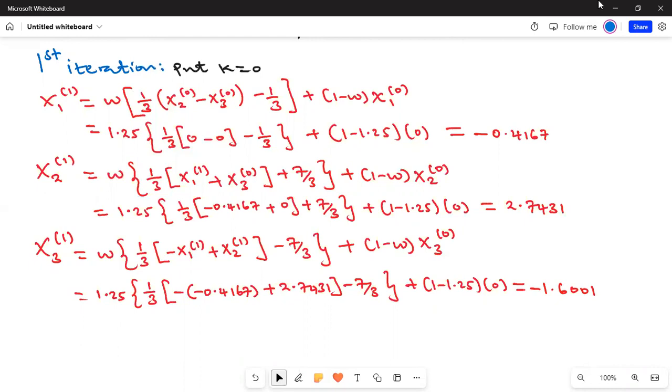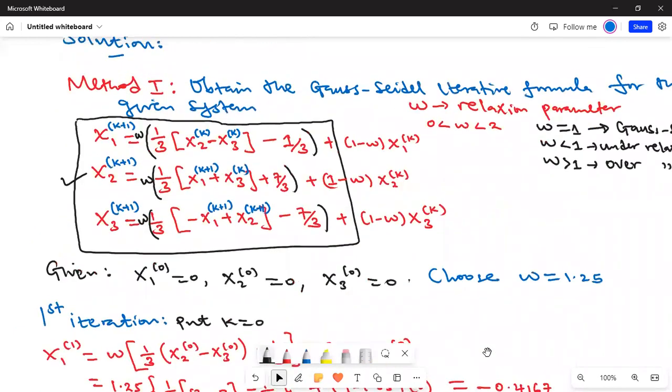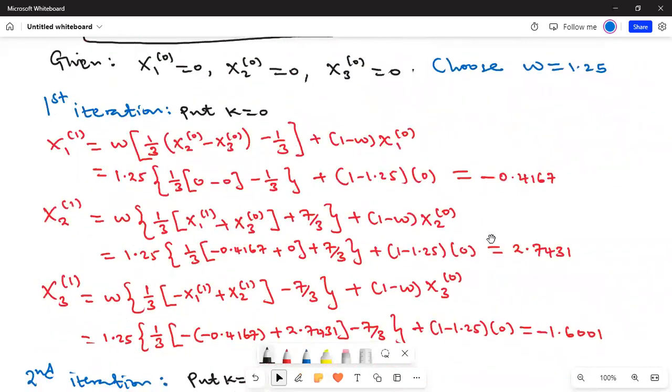Let's see the second iteration. So we write here, second iteration. In this case, you need to put k equals 1 in the iterative formula, this one here, so that this is what you're going to get when k equals 1.